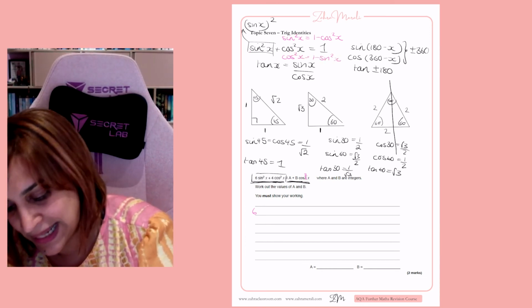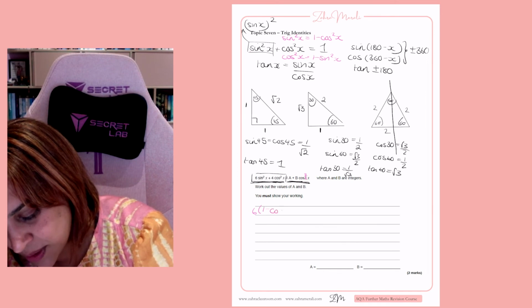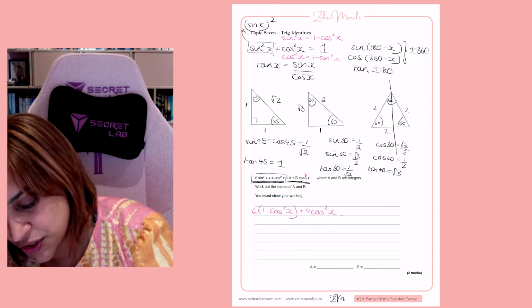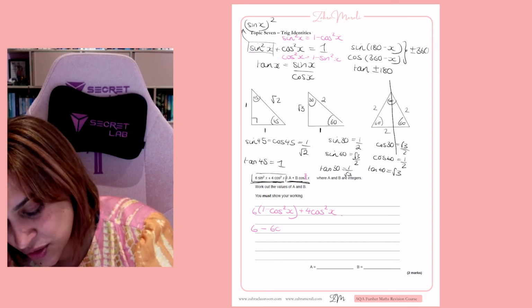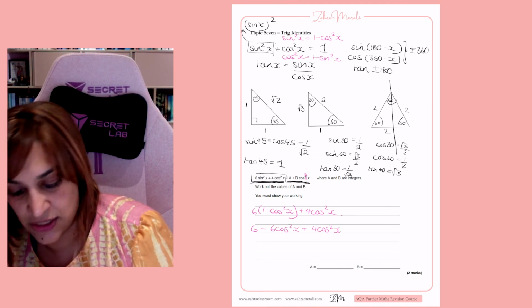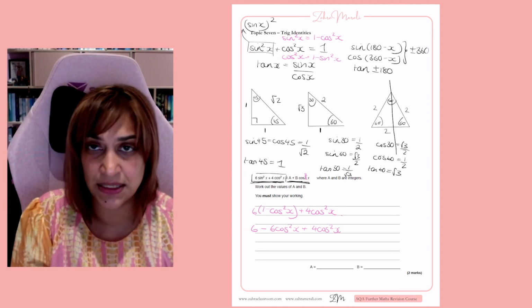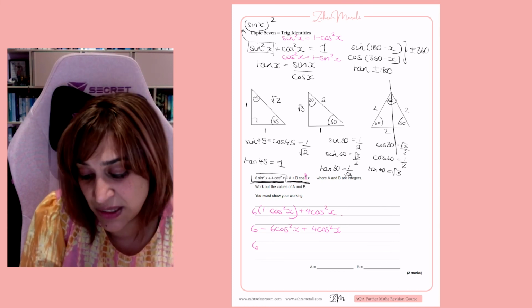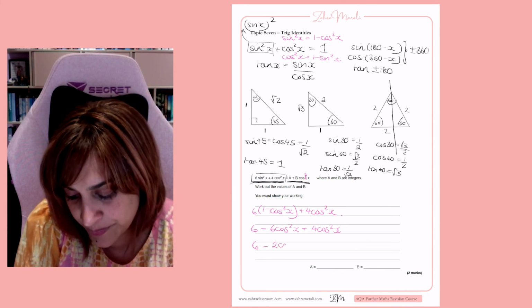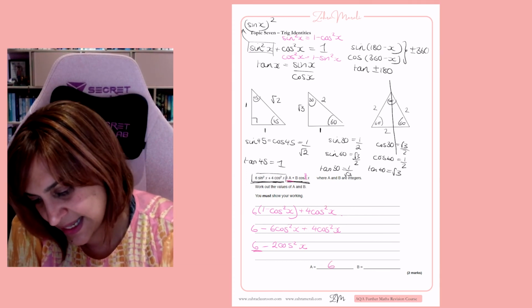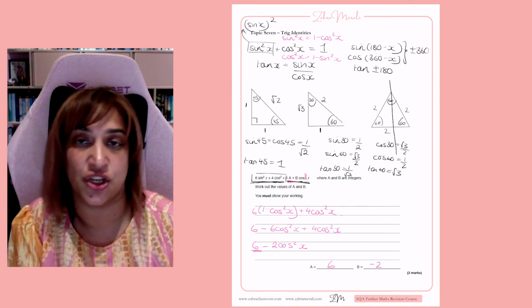So we're going to replace the sine squared with 1 minus cos squared. So we end up with 6 minus 6 cos squared x plus 4 cos squared x. So let's simplify that. We can see here we've got minus 6 plus 4 gives us minus 2. So A is 6, because that's the bit that matches there, and B is minus 2.